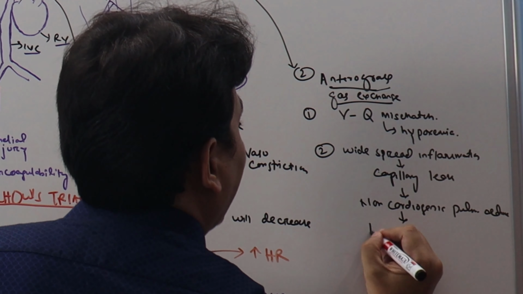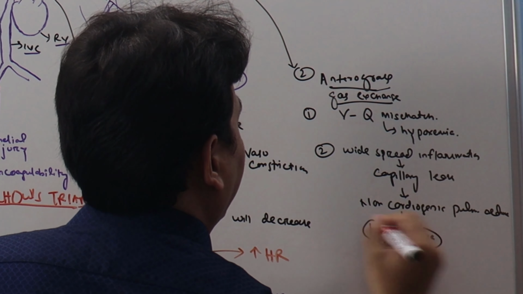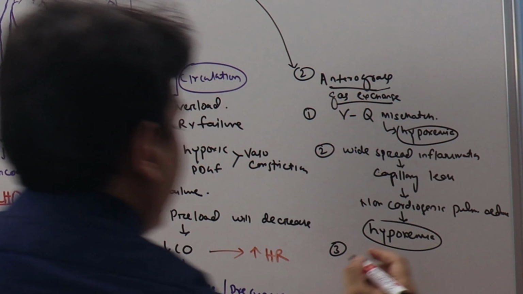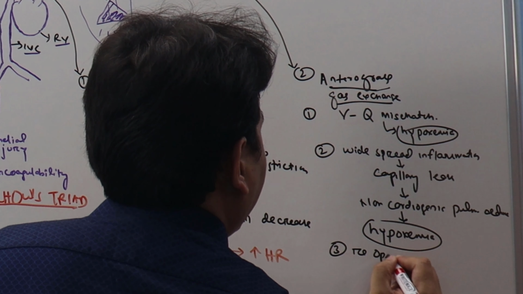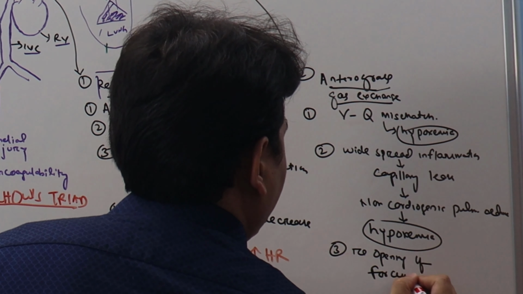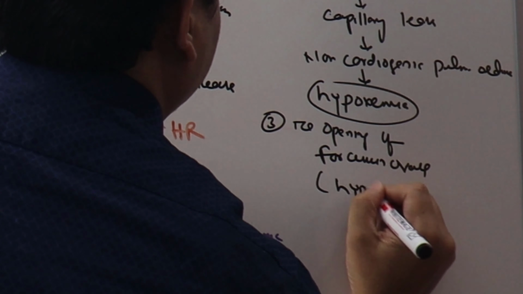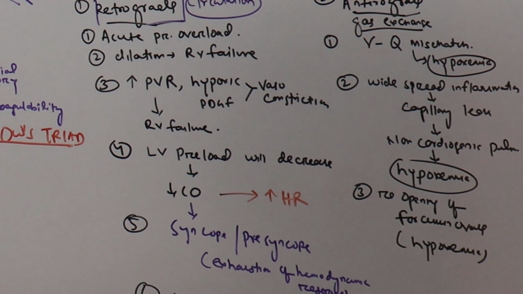And which can cause hypoxemia. Number three, due to pressure overload, there can be reopening of the foramen ovale, and it can aggravate hypoxemia. Now how will the body respond to the hypoxemia?